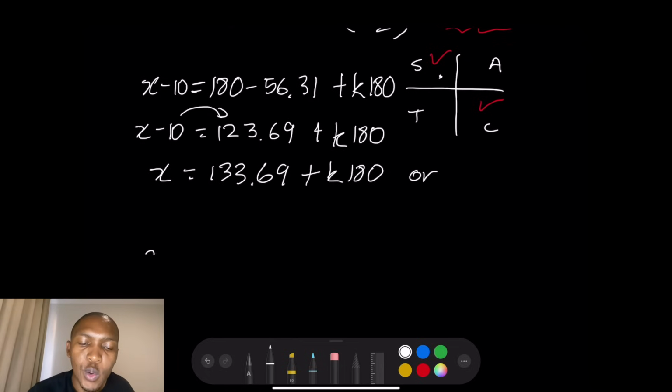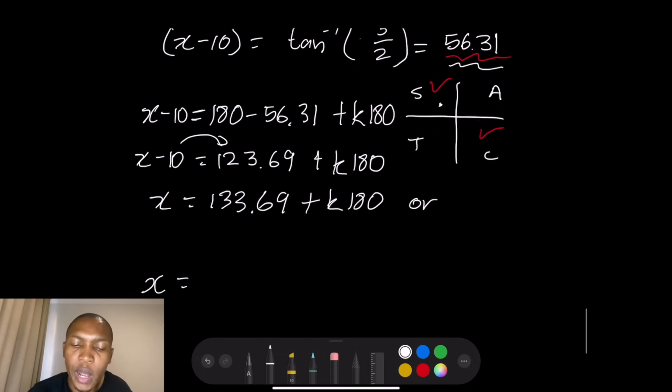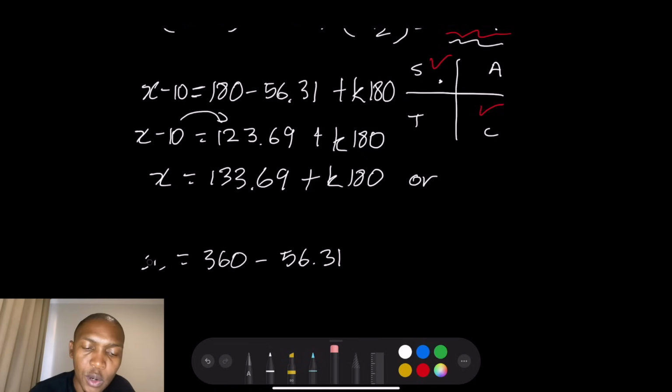So again, x would be equal to our reference angle, 56.31. So x would be 360 minus 56.31. Sorry, x minus 10 rather, not just x.